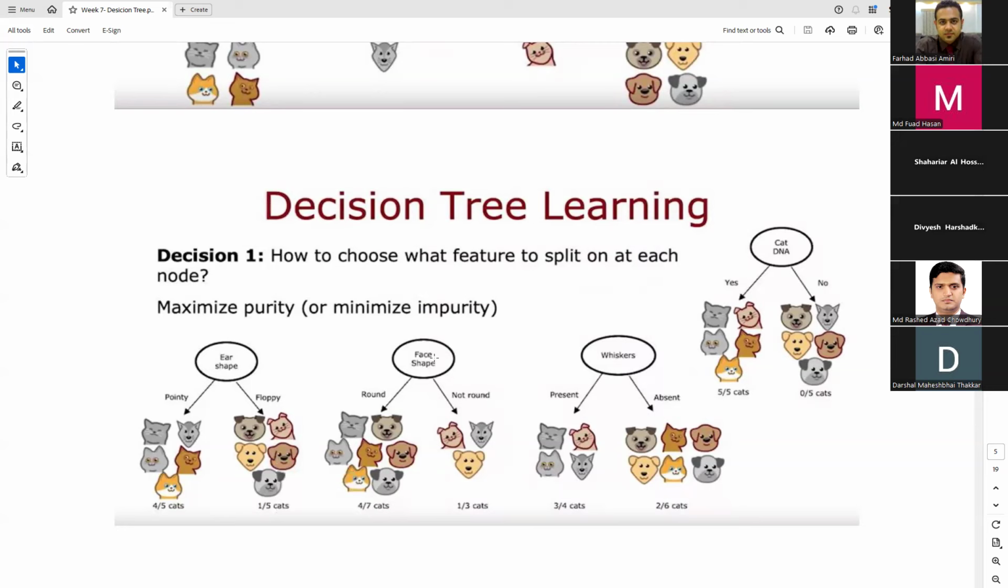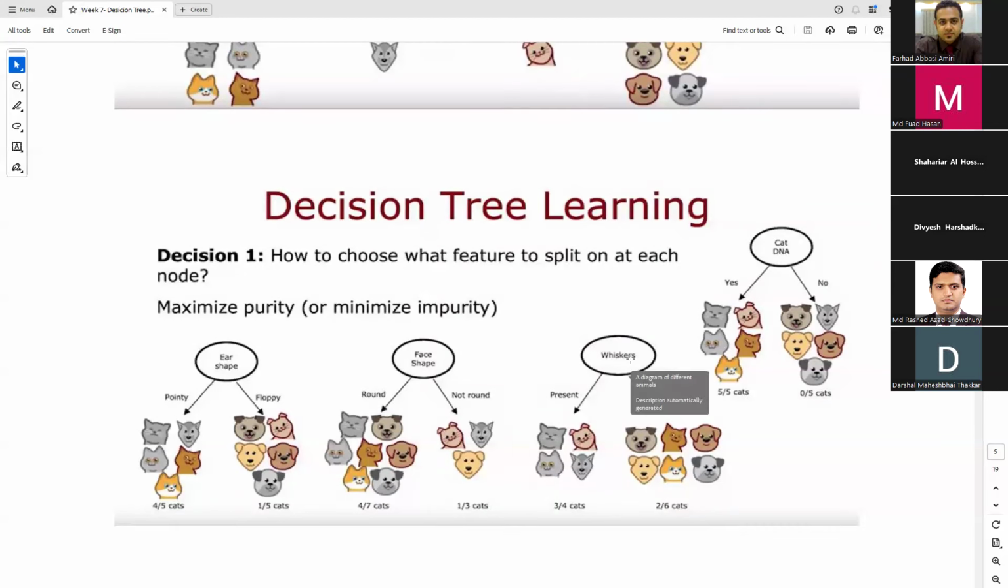How about the face shape? If you start from face shape on the root node, then you can see on the left branch for the round face shape, out of 7 animals, 4 of them are cat. And on the right branch, from 3 animals, 1 of them is cat. The rest of them is not cat.